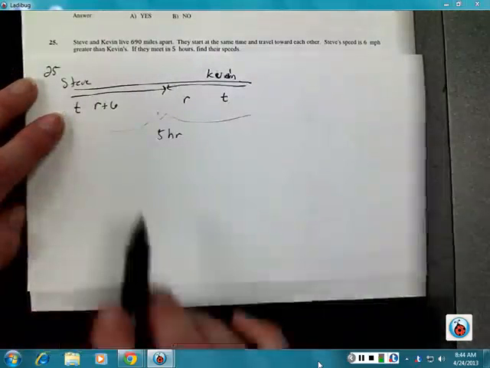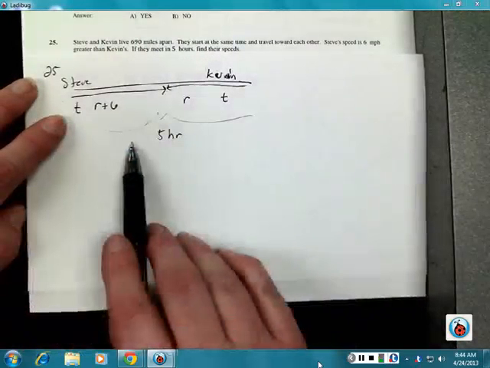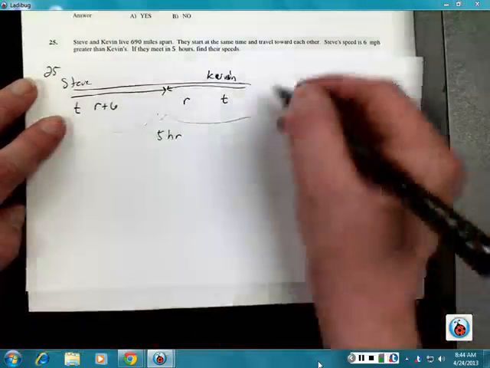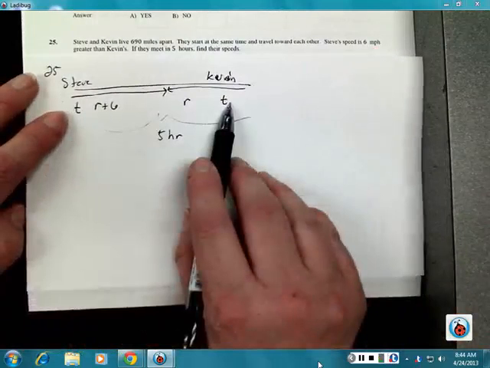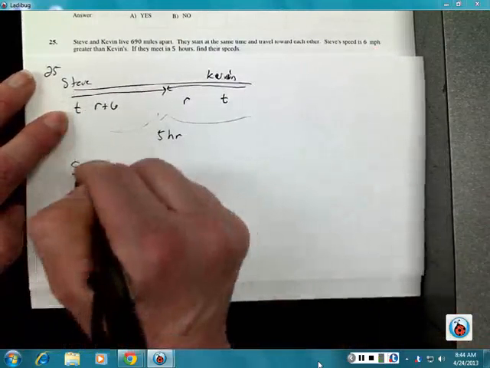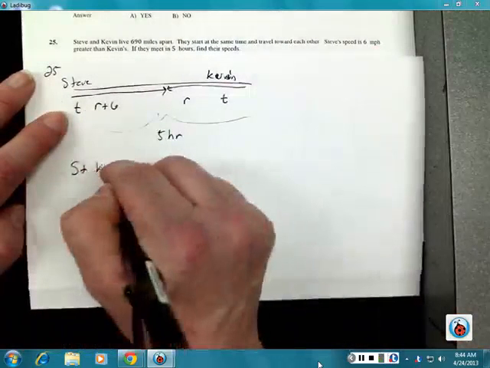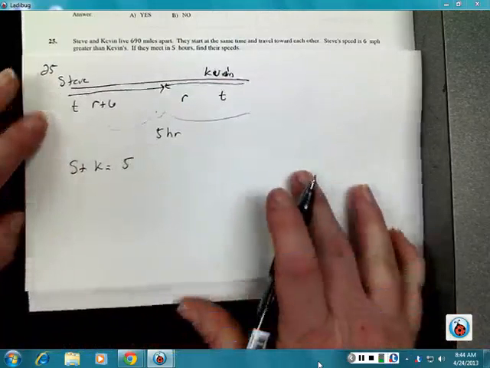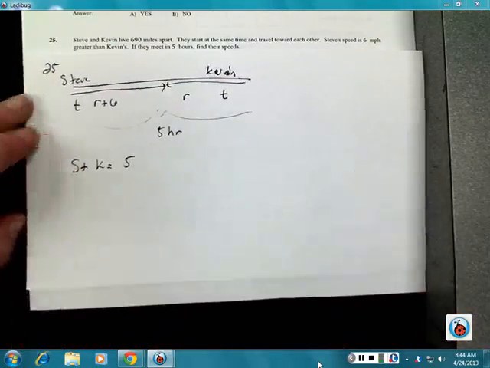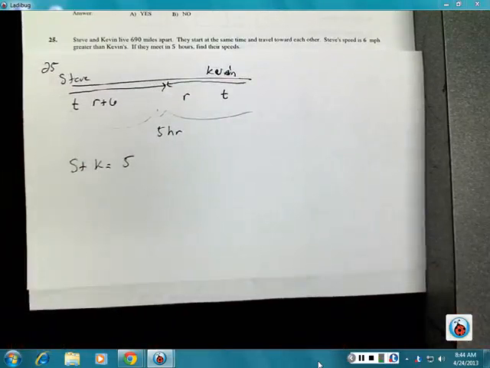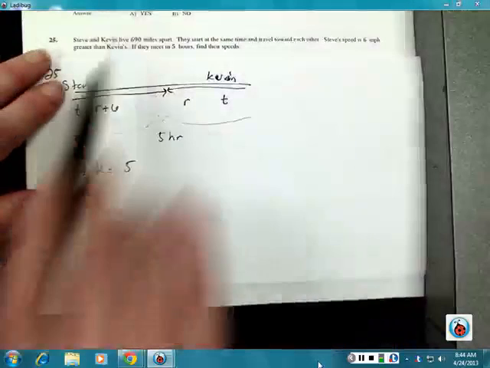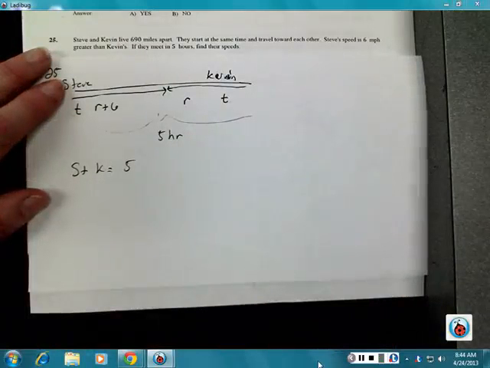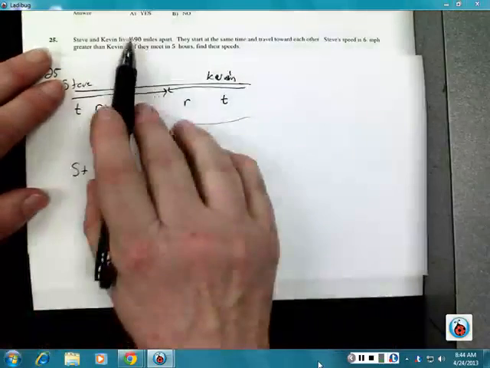So if we know that their time is 5 hours, I could set up one equation based on just their time, because Steve plus Kevin is working at 5 hours. That's how long they happen to walk. And then the other piece of my puzzle would be, how can I come up with this distance piece?